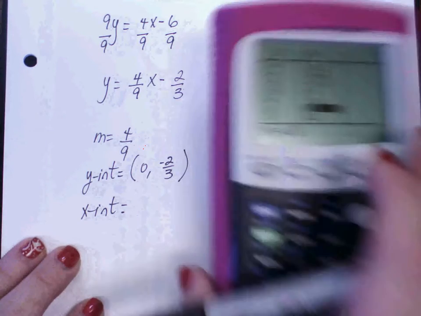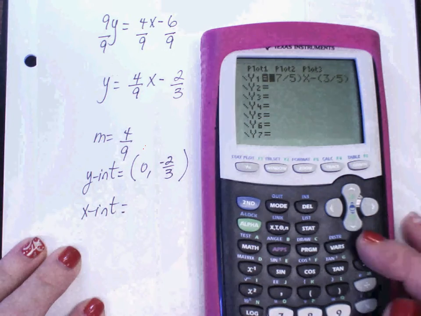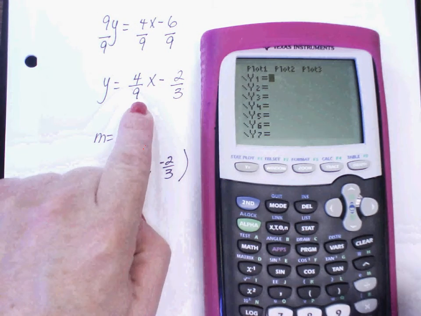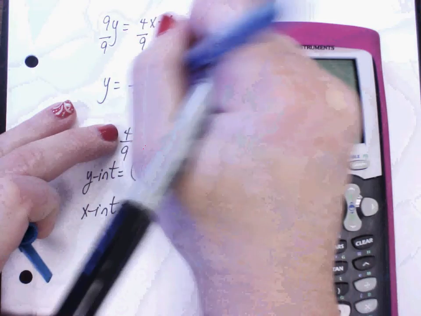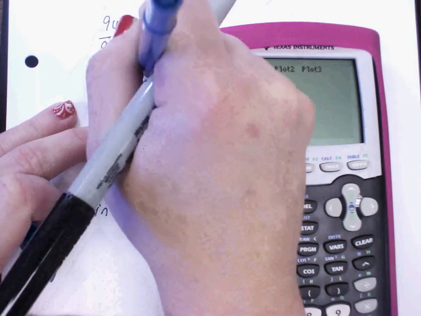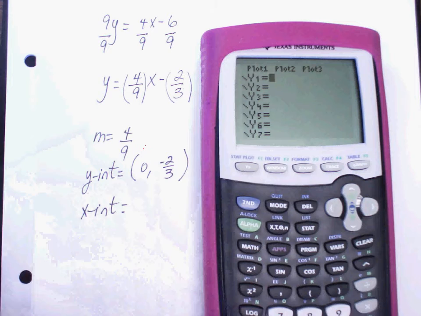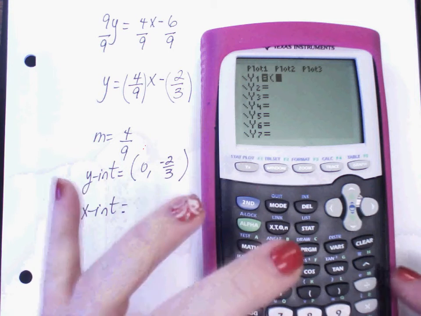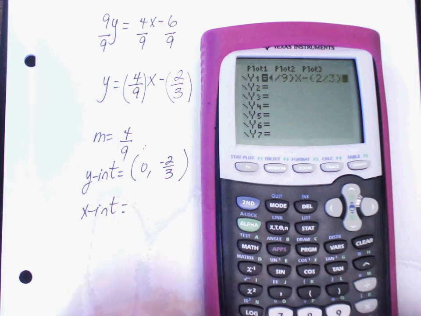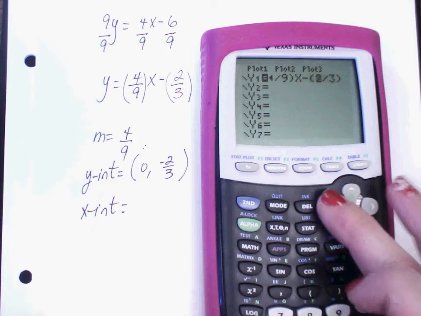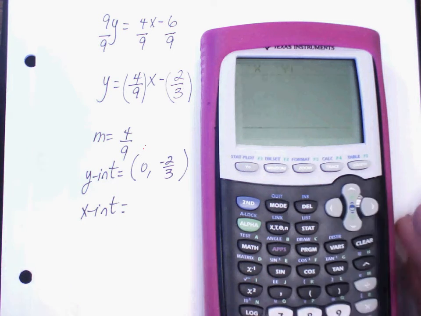And then for the x-intercept, I'm going to go to the table, right? And if it's not there, then I got to work a little bit. Put those fractions in parentheses. So 4/9x minus 2/3.